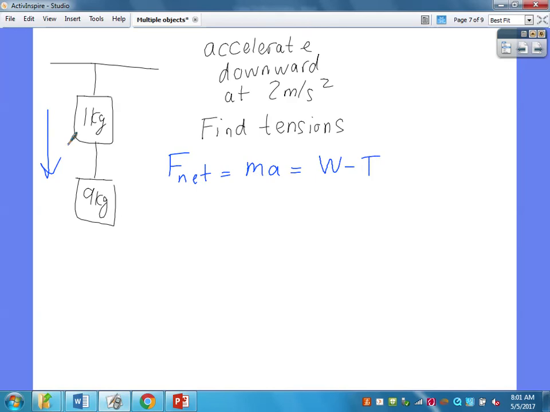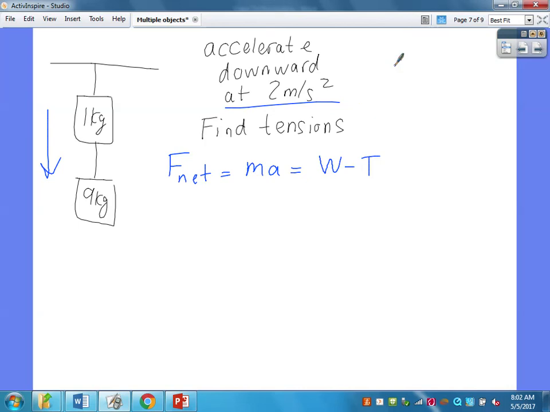I'm making an assumption there. If you say up is positive, you're going to have to be careful with your numbers. You're going to have a negative A. But again, with system problems, if they don't give you the direction, just make the direction of the acceleration positive.